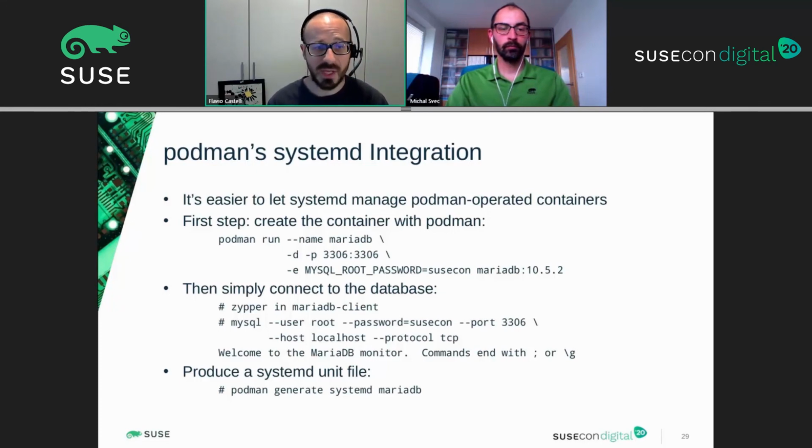What comes next, the last point of the slide, is how to create a systemd unit file. Podman has a nice feature which allows you to quickly generate a systemd unit file for any kind of container that is running on your system. So once you have started this container workload, you just have to do podman generate systemd with the name of the container, and this is going to print to the standard output a systemd manifest for it.